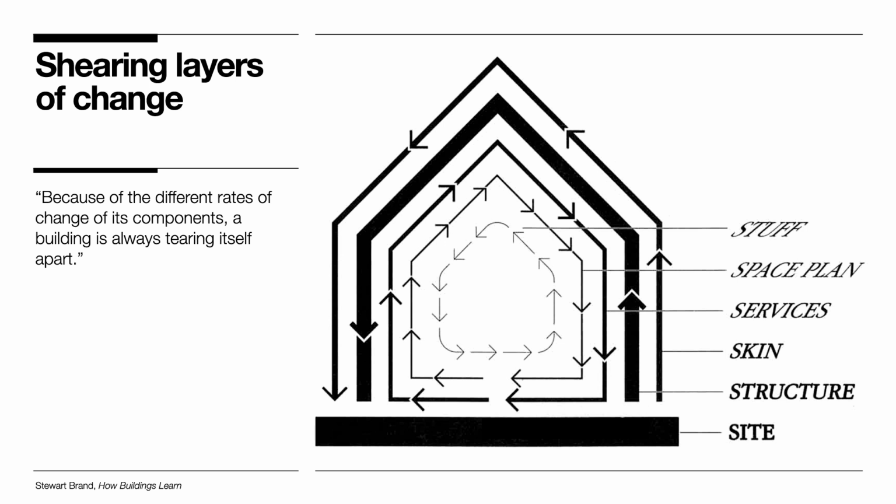He's more focused on what's happening on the inside of the shell and apart from the structure. But as you saw in the previous diagram, Stewart Brand, in his book, does talk about the skin as a separate layer. So we could do that, right? We could take Frank's study and basically add the skin. He also did include stuff, which changes the most, right? It's like all of our peripheral things and plants and whatever that we're moving, like stuff we would move in and out very frequently. But good question.